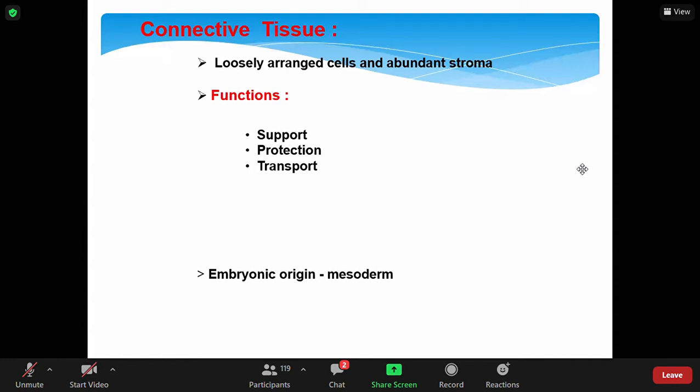Hello, Doc. Okay, Miss Kuntapay. So when we say transport, what cells are we referring to in the connective tissue? Blood cells. Yes, blood cells.